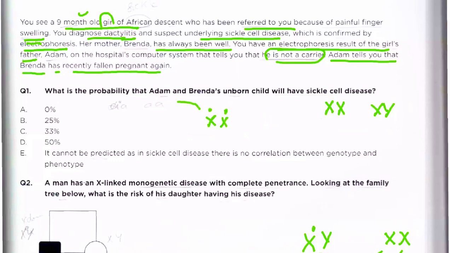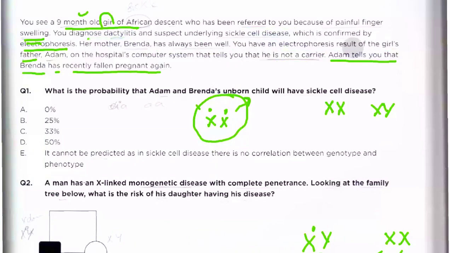It means both her parents should be carriers. But now they say there are no chances: the mother is quite normal and the father's electrophoresis report is quite normal. So, what is the probability that Adam and Brenda's unborn child will have sickle cell disease?